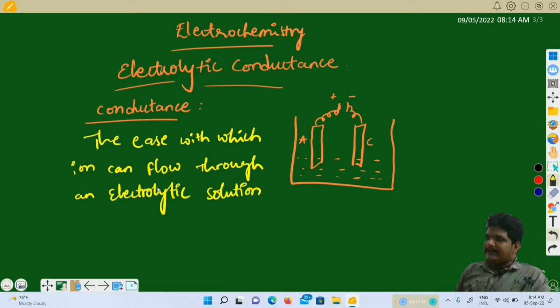Here conductance means the ease with which ions can flow through an electrolyte solution.